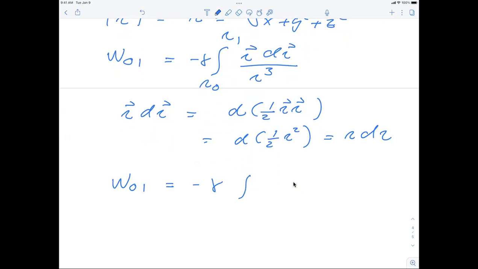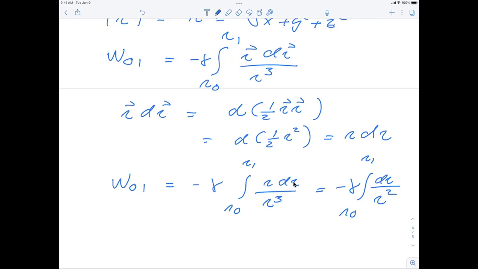And then I have an integral from r0 to r1, and then I'm putting in dr divided by r cubed. So this simply becomes minus gamma, and then I have an integral from r0 to r1, and then I have a dr and an r cubed here. No, sorry, r squared. And this is something we know how to integrate, right?